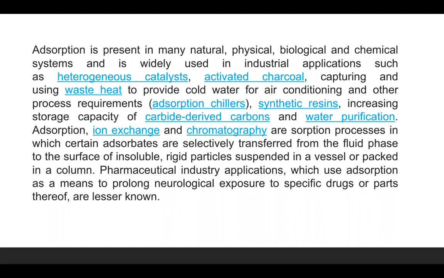Water purification is a process of removing undesirable chemicals, biological contaminants, suspended solids, and gases from water. The goal of water purification is to produce water fit for a specific purpose.